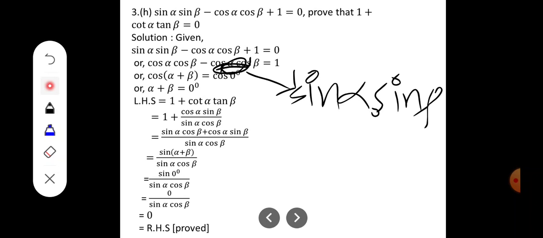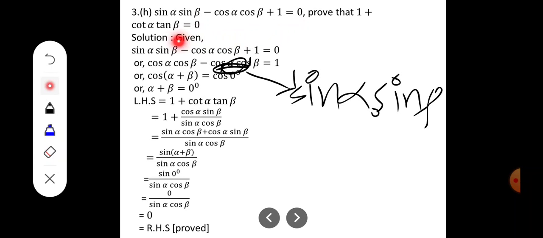So it is the formula of cos(alpha plus beta), and 1 we can write as cos 0 degree. Cancelling cos and cos, we get alpha plus beta equals 0 degree.